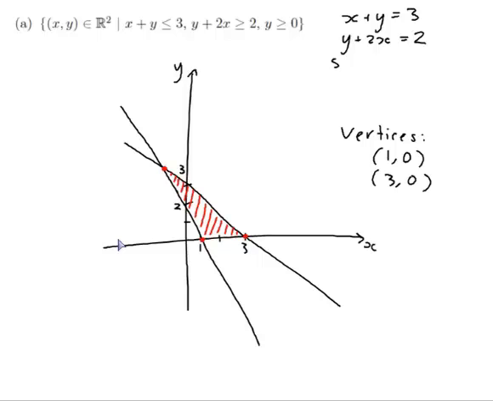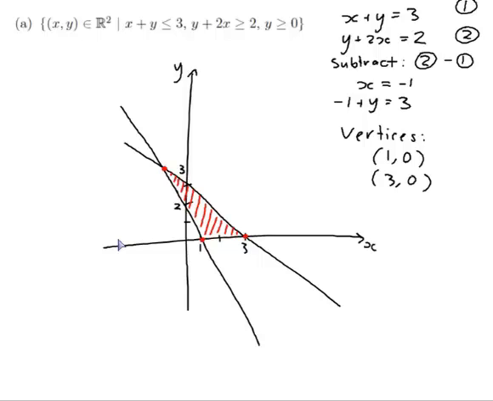So subtract, let me give them numbers, 2 minus 1, and that gives me x is equal to minus 1, and then I sub that back into one of the equations. So let's sub it back into equation 1, and I get minus 1 plus y is equal to 3.